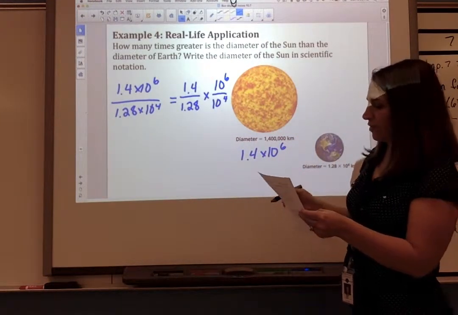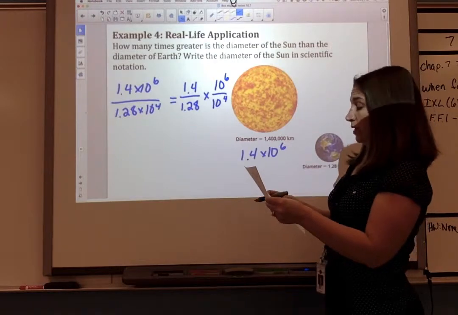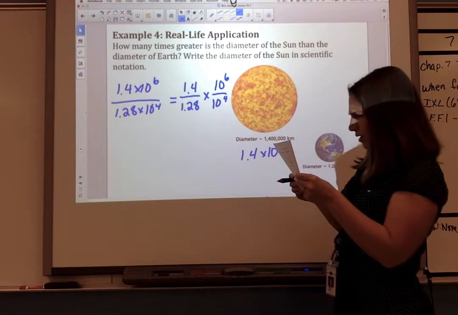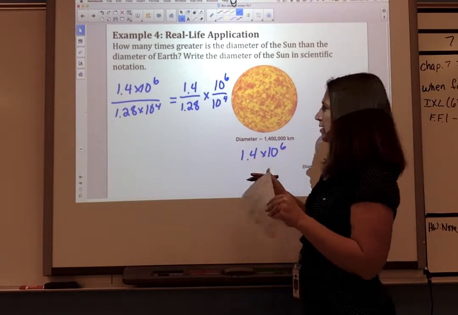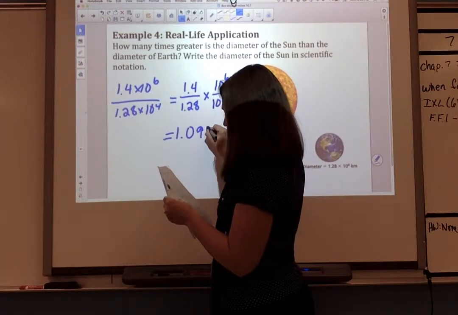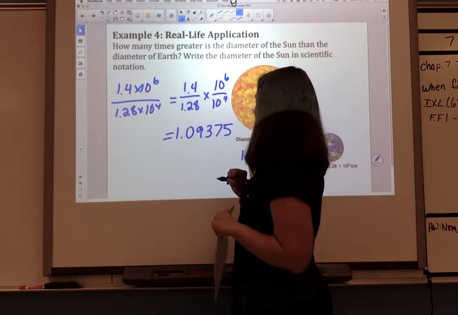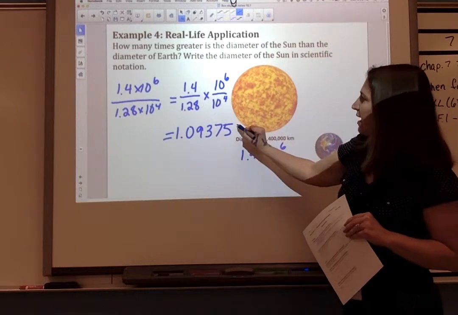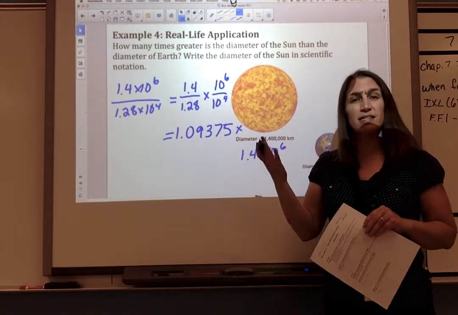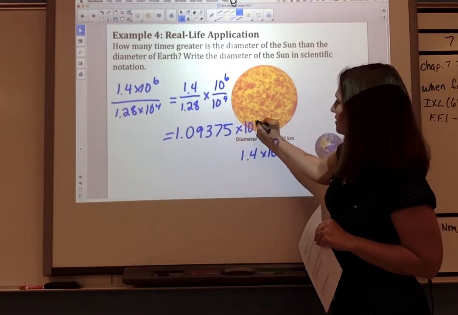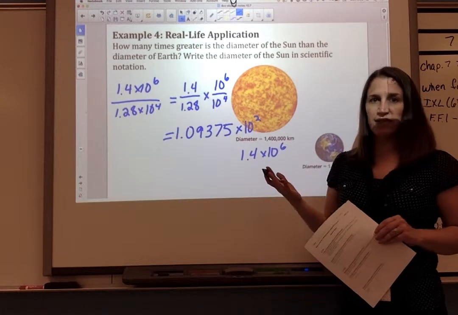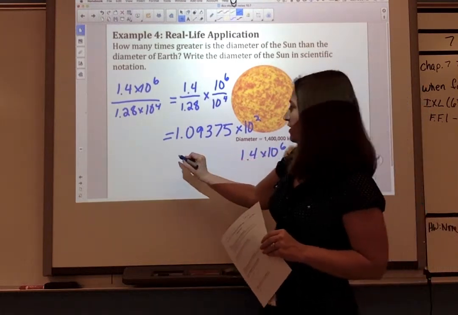So 1.4 divided by 1.28 is 1.09375. And then 10 to the 6th divided by 10 to the 4th is 10 to the 6 minus 4, so that's 10 to the 2nd power. Okay, and this is written in correct scientific notation. If we want to, we can think of that in standard form.